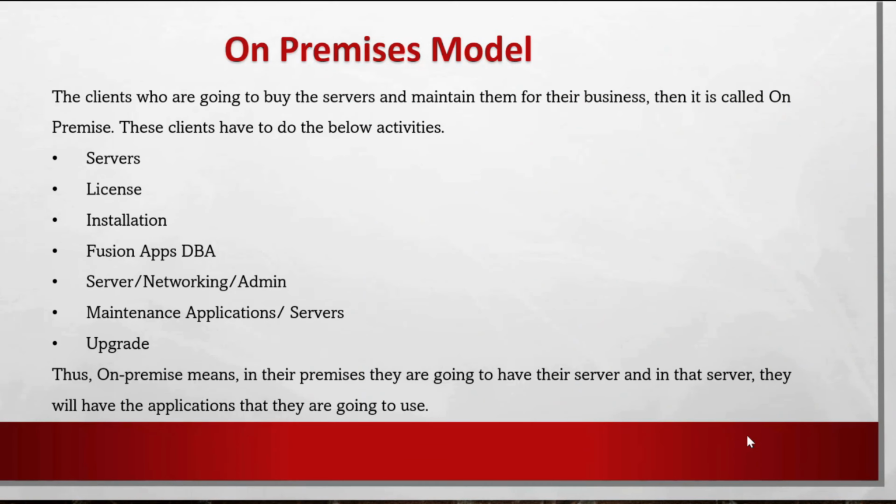These licenses also cost very high. The servers are taken, licenses are taken, then they will have to go for the installation. For the applications they want to use and have taken the license for, they will have to install it in their server. For doing this installation, we need Fusion Apps DBAs, that is database administrators.